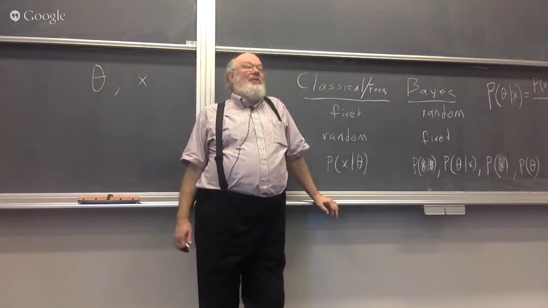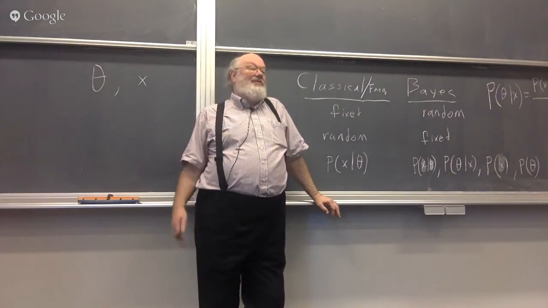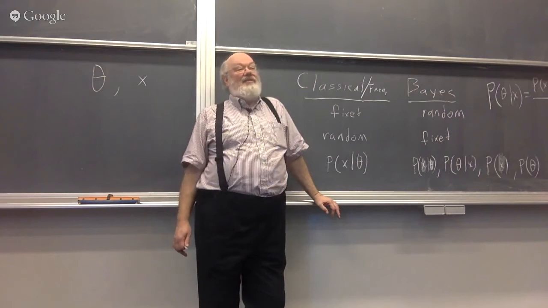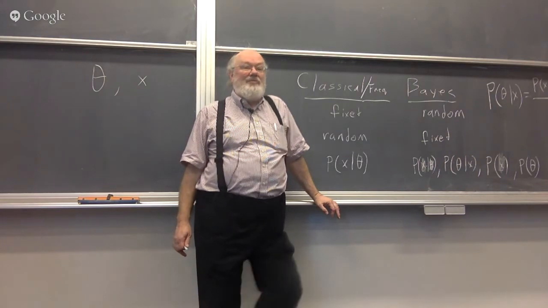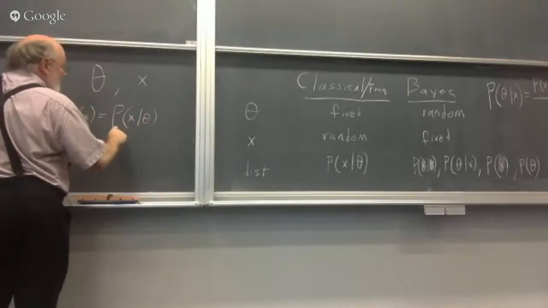But to a large extent, the use of classical statistics is based on making the either explicit or implicit assumption that P of theta given X is equal to P of X given theta.